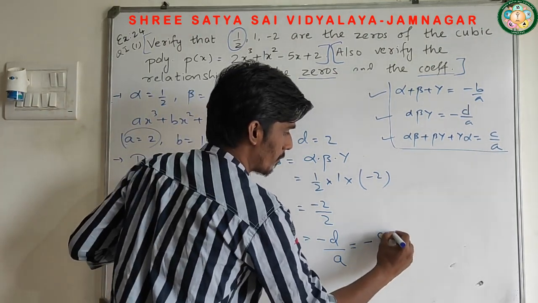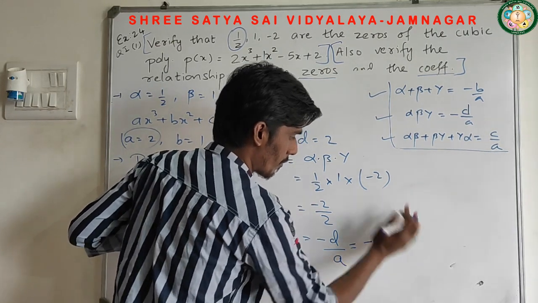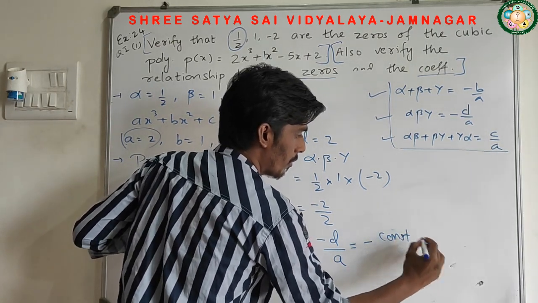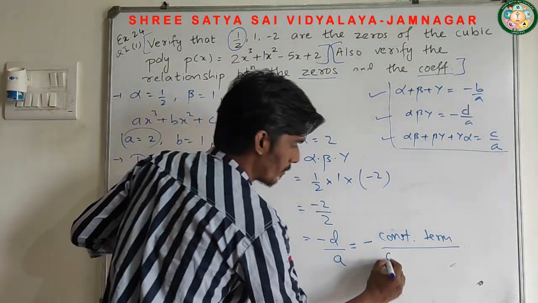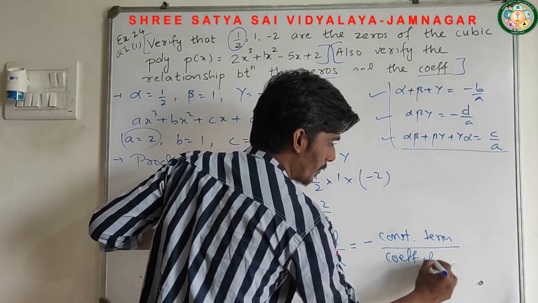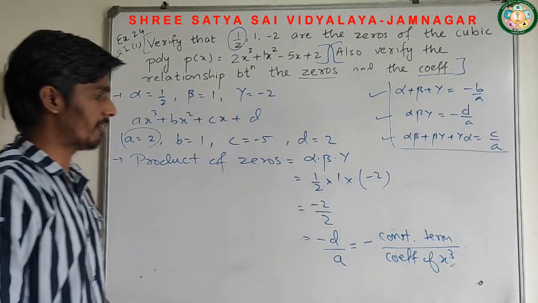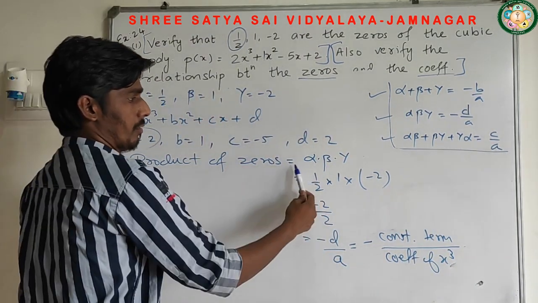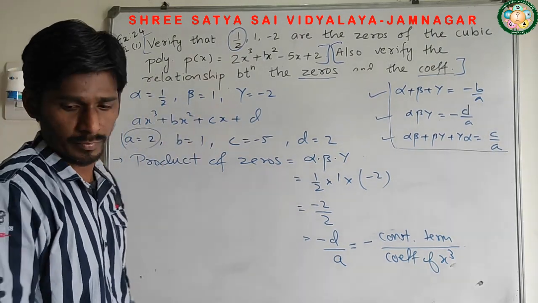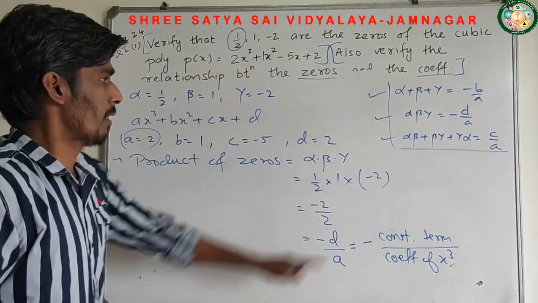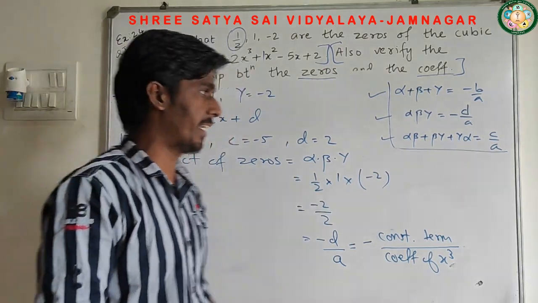It's minus the constant term upon a, which is the coefficient of x cube. So this is the way we prove the relation between the product of zeros and the coefficients of the given polynomial. Now the last one, the sum of the product of two zeros at a time.